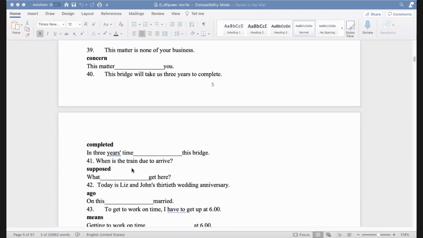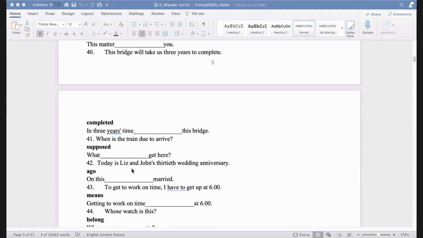Number 41. When is the train due to arrive? What time the train is supposed to get here? Yes, fantastic. What time is the train supposed to get here?